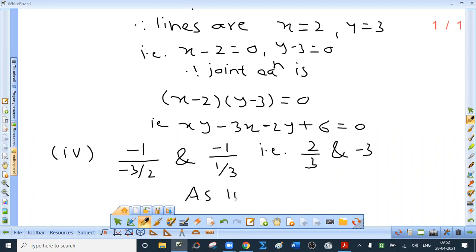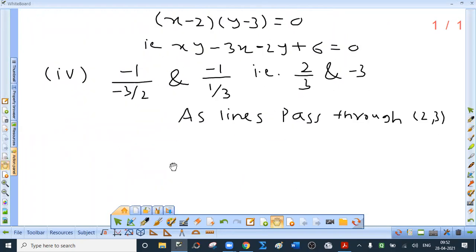Okay. Now what is given? Lines pass through which point? 2, 3. So write their individual equations and then join them.